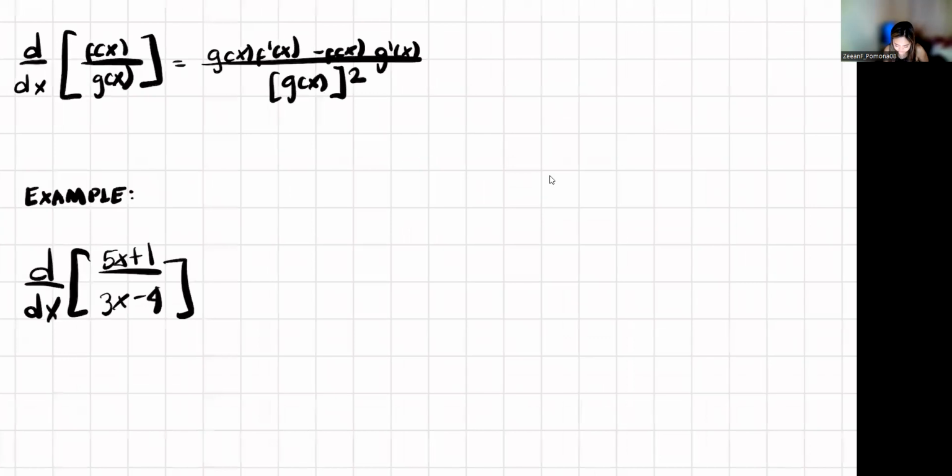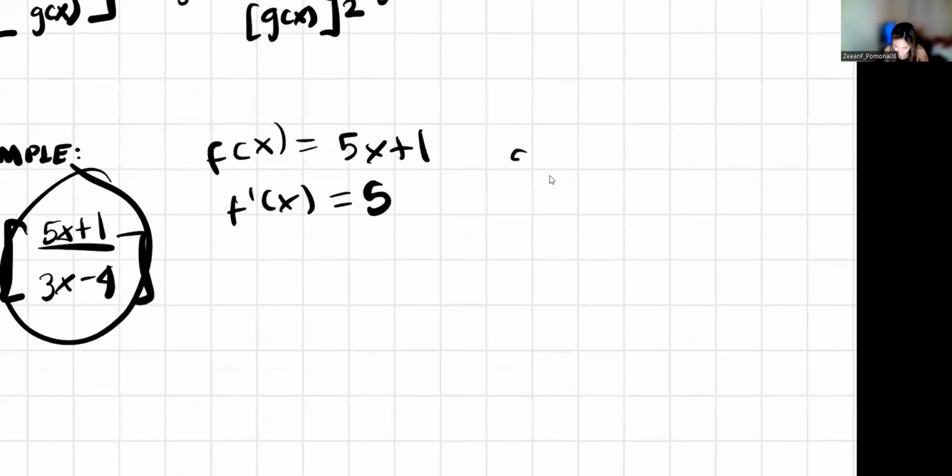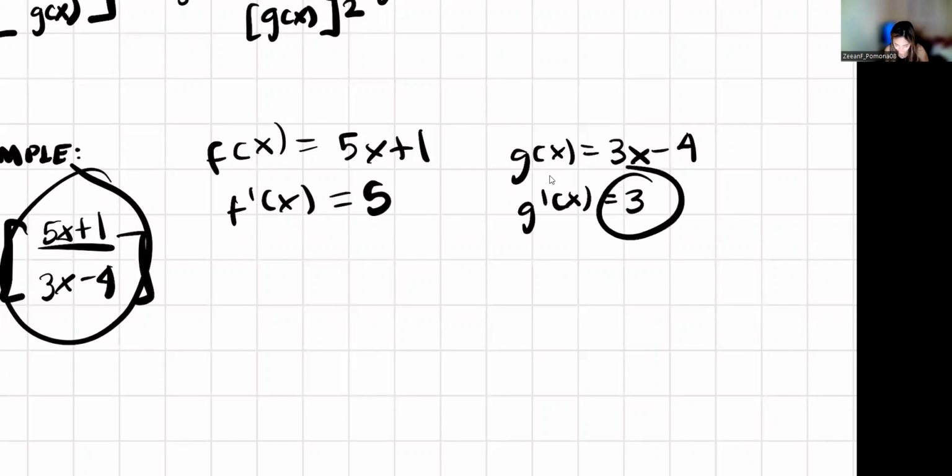So we will divide this up into f of x, and that would be equal to 5x plus 1, and f prime of x is equal to 5. And then g of x is equal to 3x minus 4, and g prime of x is equal to 3.